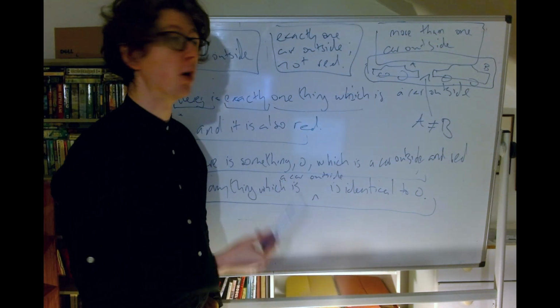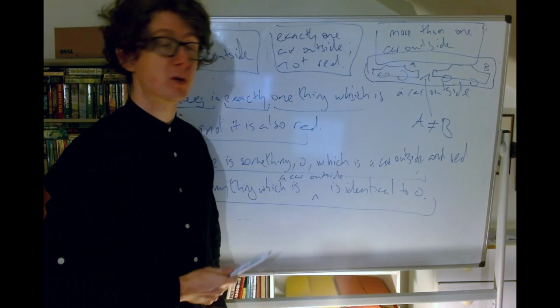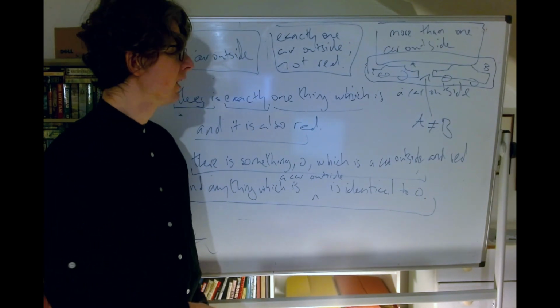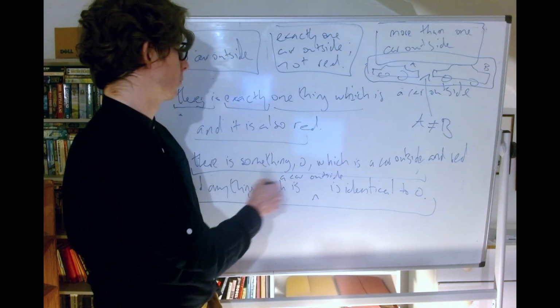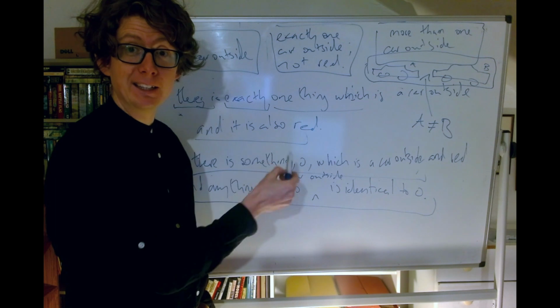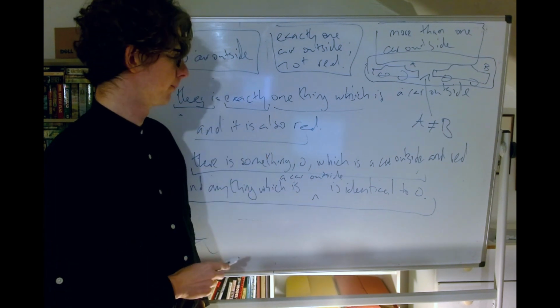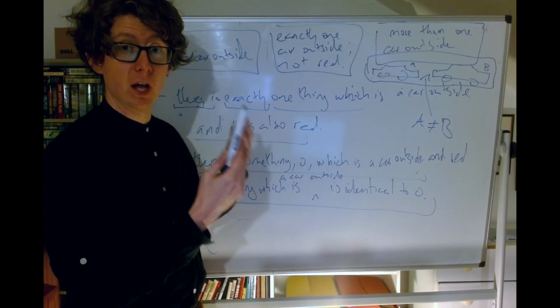And the answer is no, because we have this other car, B. And as we said, if there are supposed to be two cars, then B must not be identical to A. And this is the more general thing: when you have a situation where there's more than one car outside, then it's just not going to be true that anything else which is a car outside is identical to the first one. Because if there are two of them, then they must be distinct and so not identical.